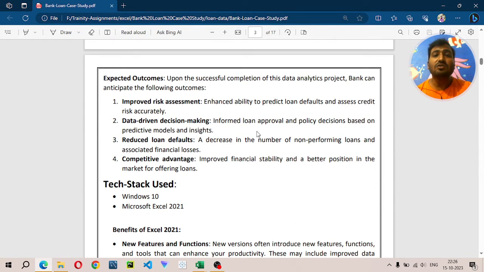The expected outcome should be improved risk assessment, data-driven decision making, reduced loan defaults, and competitive advantage. The tech stack I used is Microsoft Excel 2021 on a Windows 10 machine.